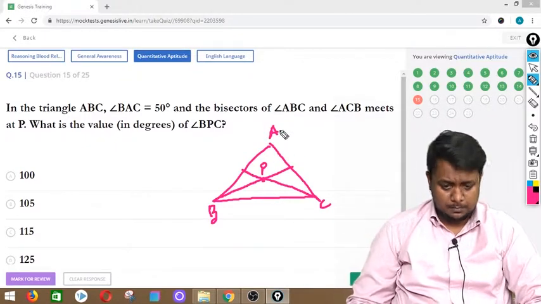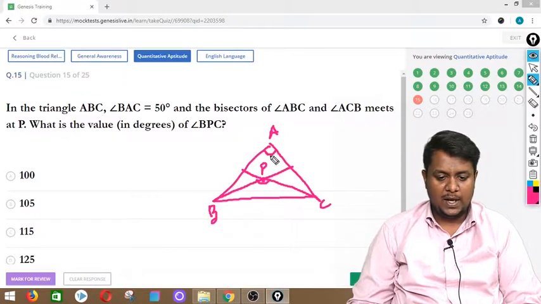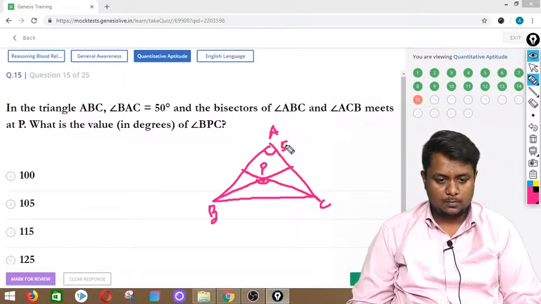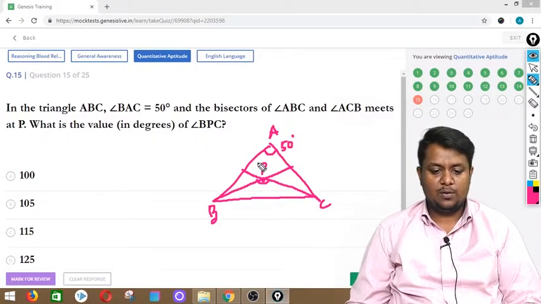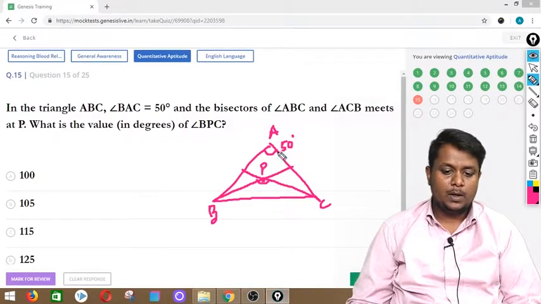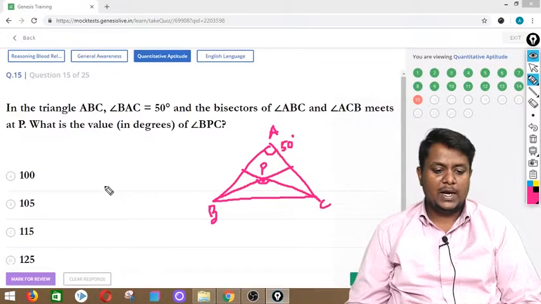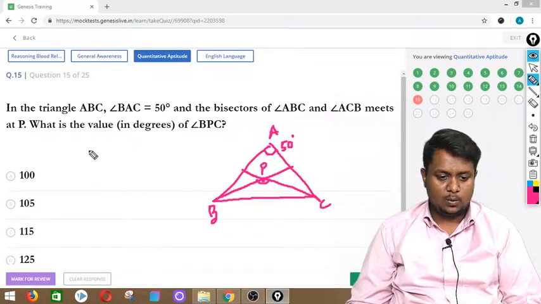Now, what is the angle of P if angle of A is 50 degrees? So we have to find this particular angle. Now, we know that the total interior angle of a triangle is 180 degrees.